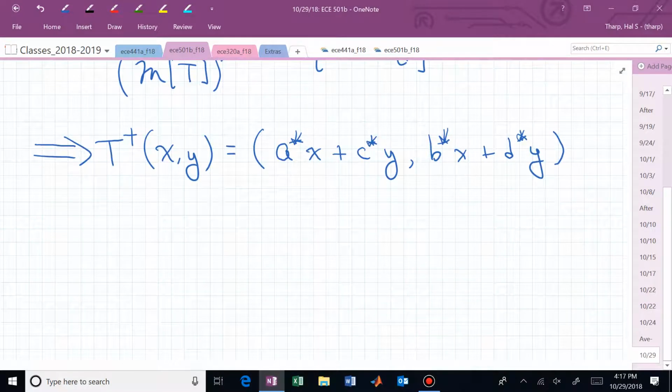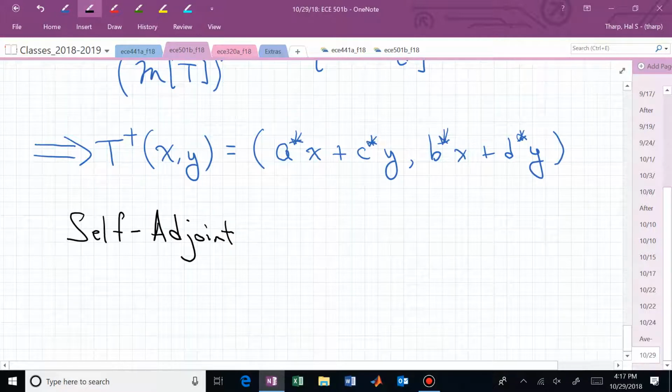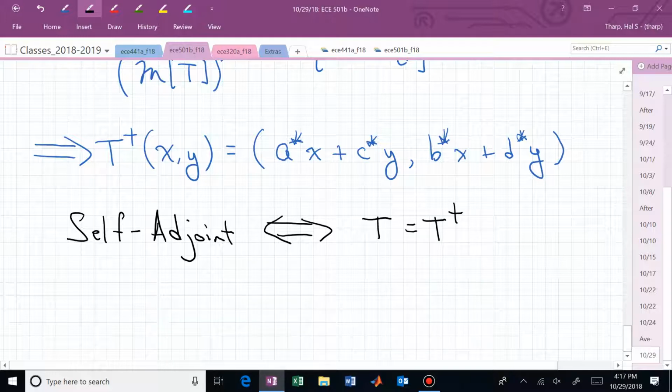Now what if this linear operator is self-adjoint? So if I now say I want to see what relationships hold for these different coefficients if I want my map T to be self-adjoint, that's saying I want T to be T dagger.